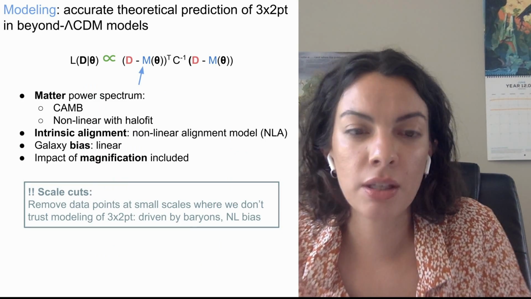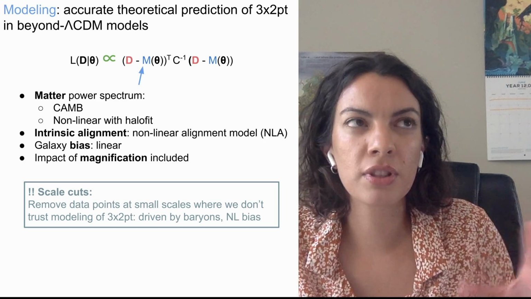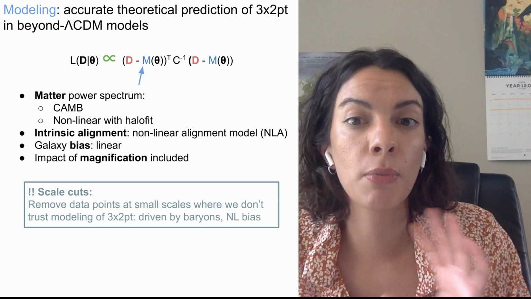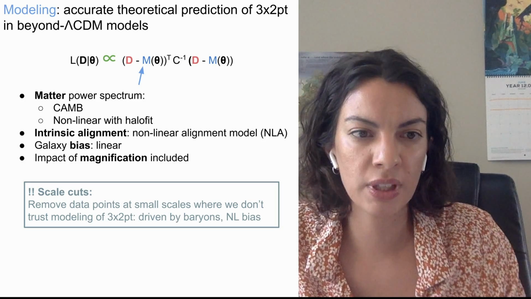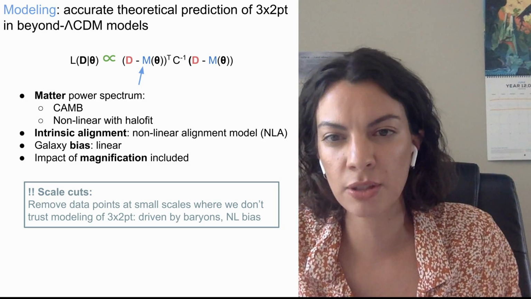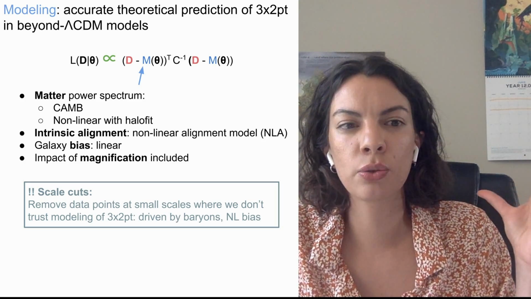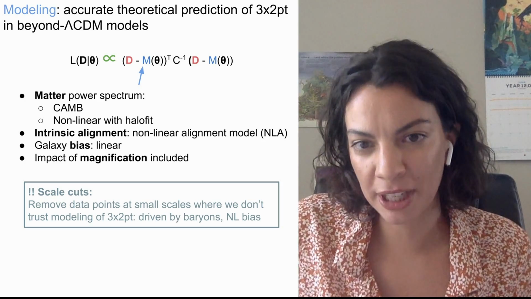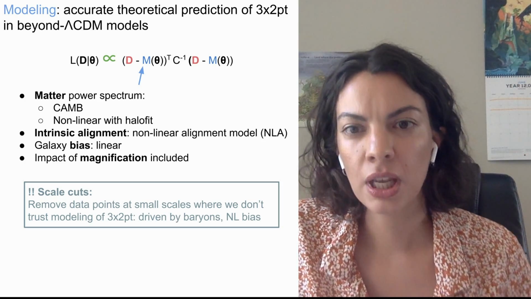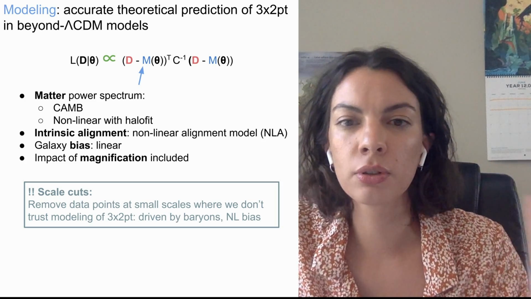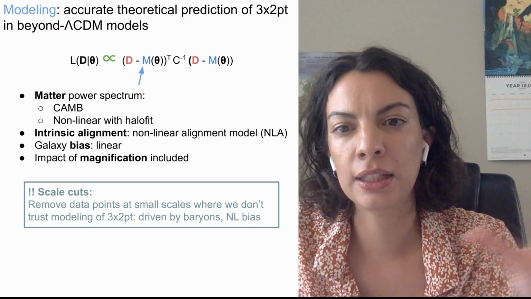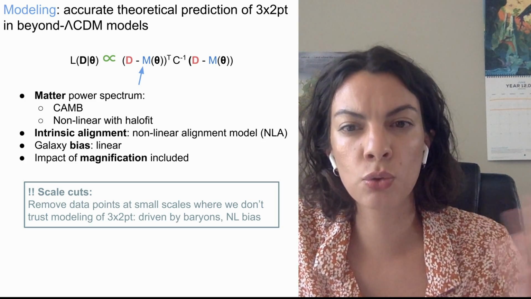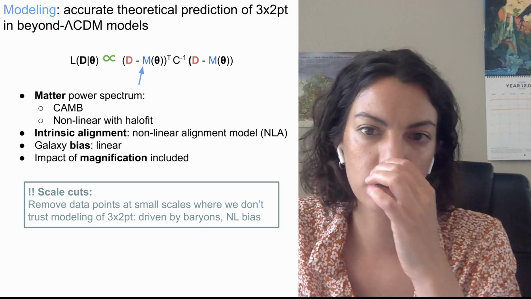Yes, so actually now most of our effort in this paper is in the modeling, because when we sample the likelihoods to estimate the parameters, we need to basically predict the signal we expect in each of those models. And we want to model the weak lensing and clustering accurately enough to do this parameter estimation.